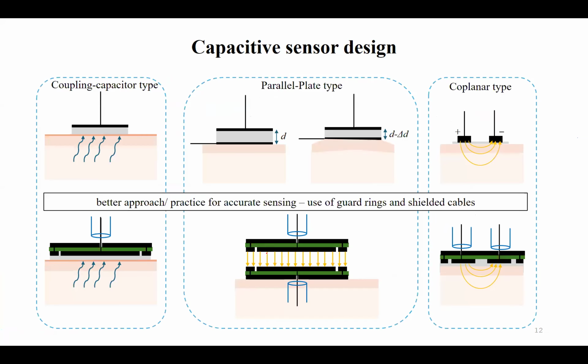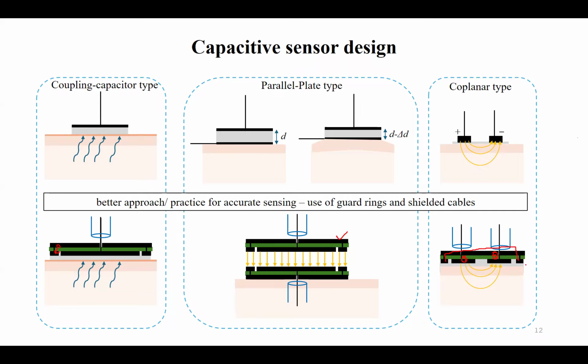Yeah, so the same design we can extend to all the coupling capacitor type or coplanar type capacitive sensor. So as you can see here, instead of having a single metallic plate, we can have guard plates here for the coupling capacitor type, for a parallel type as discussed, and similarly for coplanar type, we have the metal 1 and 2 here, but again it has to be shielded outside, right?